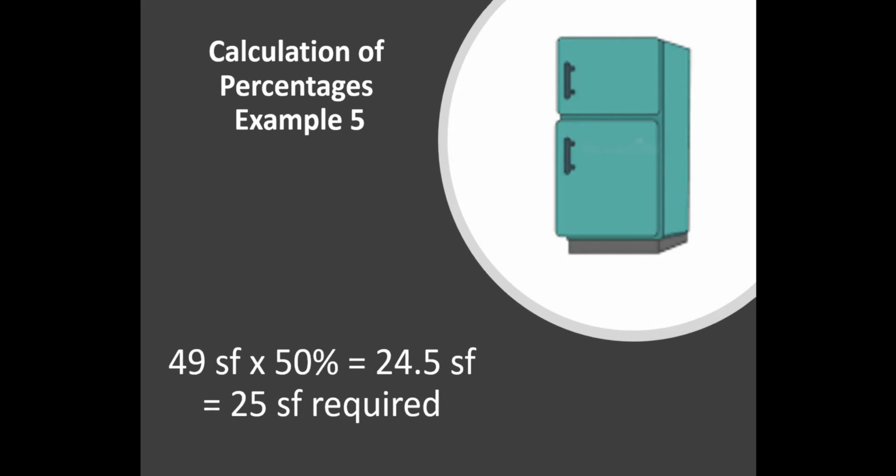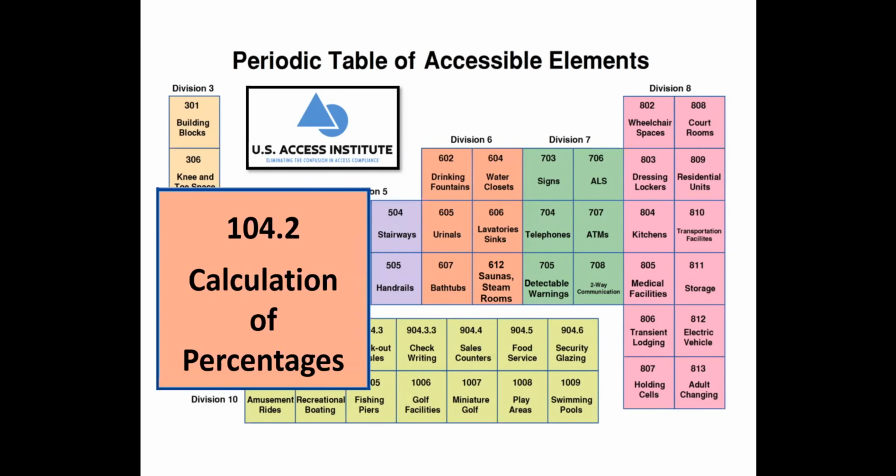But we are determining the required size or dimension of an element, in this case freezer area. Rounding down for values less than half shall be permitted. And since 0.5 is not less than half, we cannot round down, and we must round up to 25 square feet required. Well, that wraps it up for calculation of percentages.